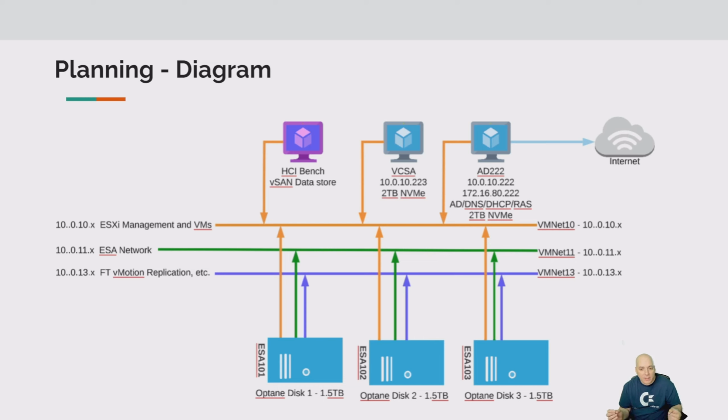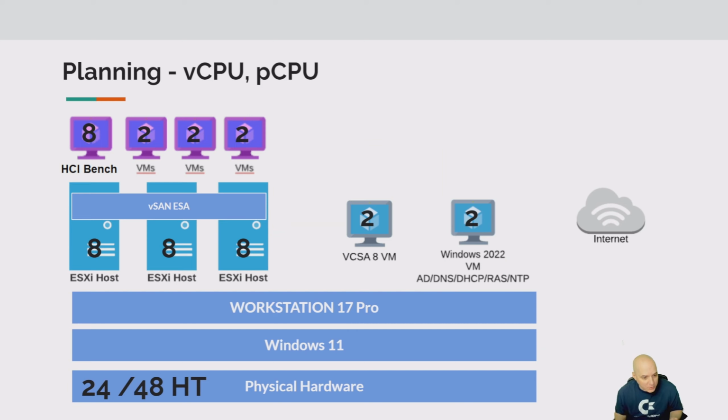All right, so planning CPU cores. Now, I'm a little fortunate because my physical hardware has 24 cores, and man, does it use it, right? And 48 with hyperthread, if you consider hyperthreading cores. I typically stay with physical cores, right? So 24 physical cores, right?